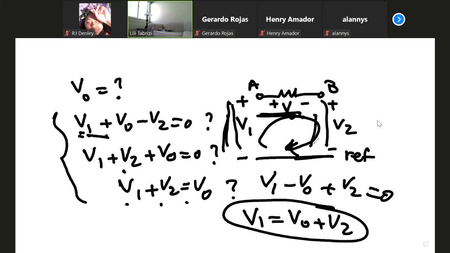Again, let me know, what is so difficult about this concept? It's not electromagnetics, it's not a math formula, it's not integral, it's not differential. It's just the voltage rise equal to the voltage drop in any direction. If you want to move in this direction, rise, drop. So V0 and V2 are added on one side and the one with the opposite polarity on the other side.